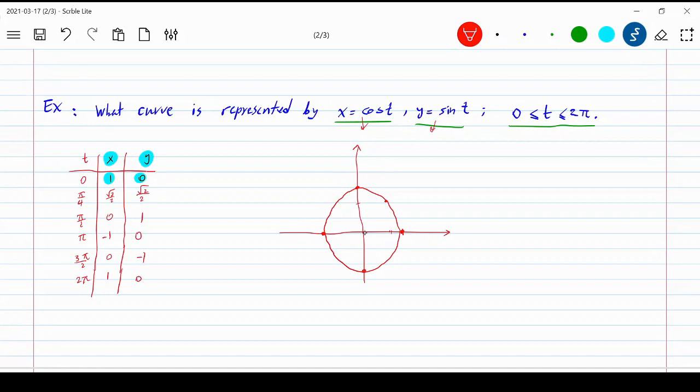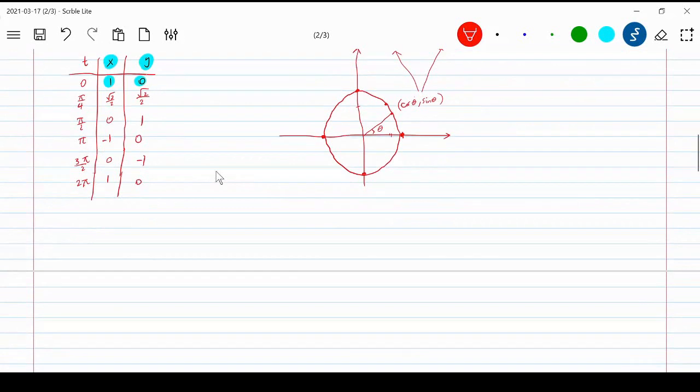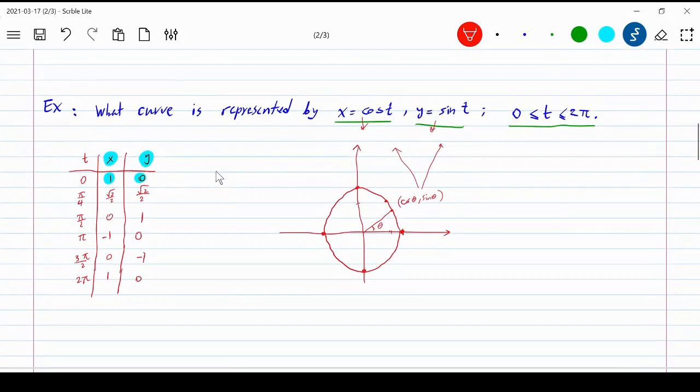If you remember, if you pick any point on a unit circle, the coordinates are cosine theta and sine theta, given the angle theta, which is exactly the same as what you have here for the x and y coordinates. But if we didn't know that, how would we represent this curve?